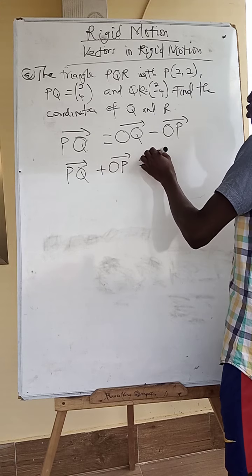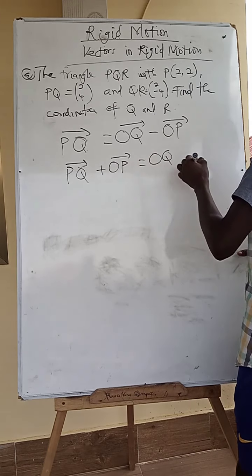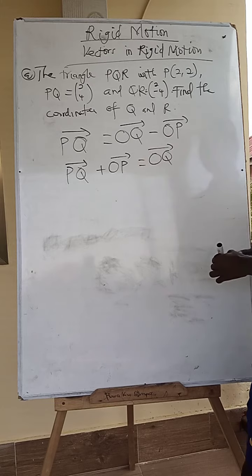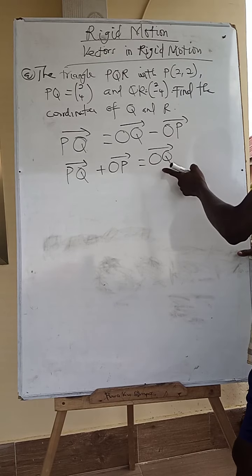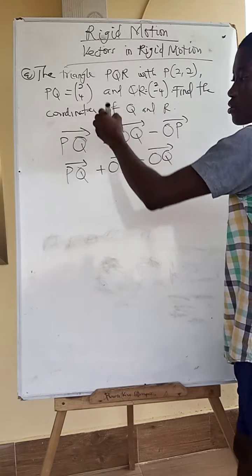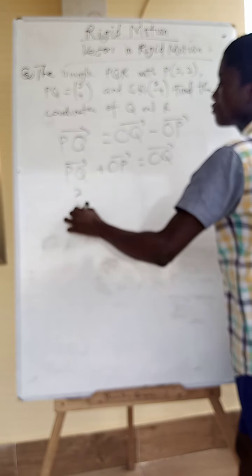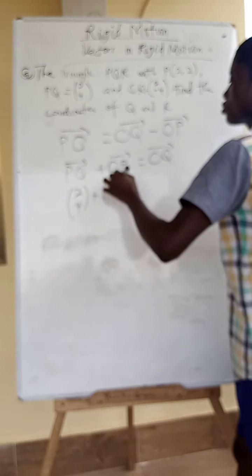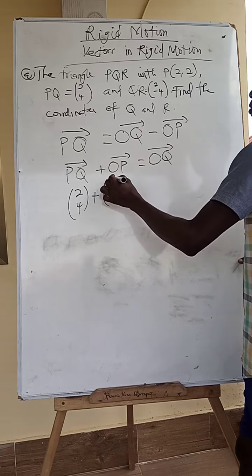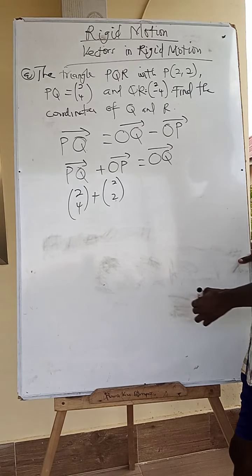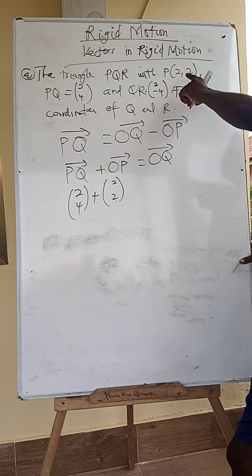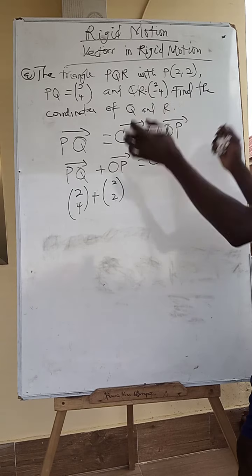Then what is left is only OQ, or vector Q. So if you want to find Q, it's PQ, which is 2, 4, plus OP, which is P, 2, 2. You get it?